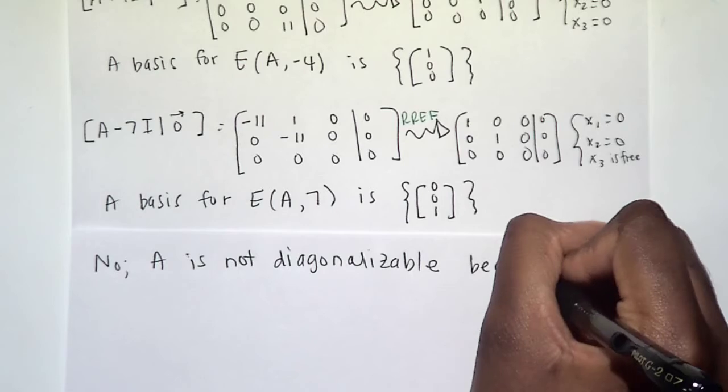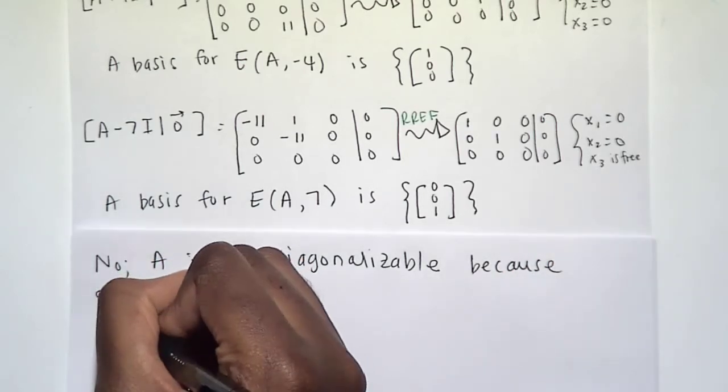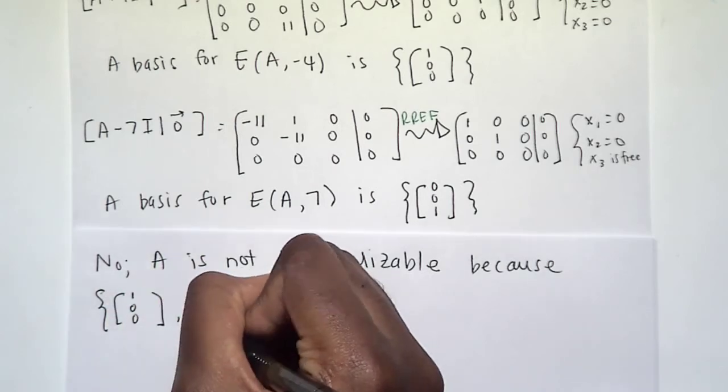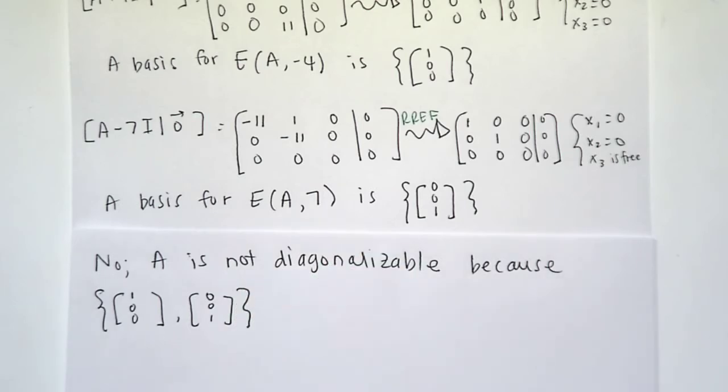Because when we put it together, our eigenbasis 1, 0, 0, 0, 0, 1 doesn't form an eigenbasis in R3 because there's only 2 of them.